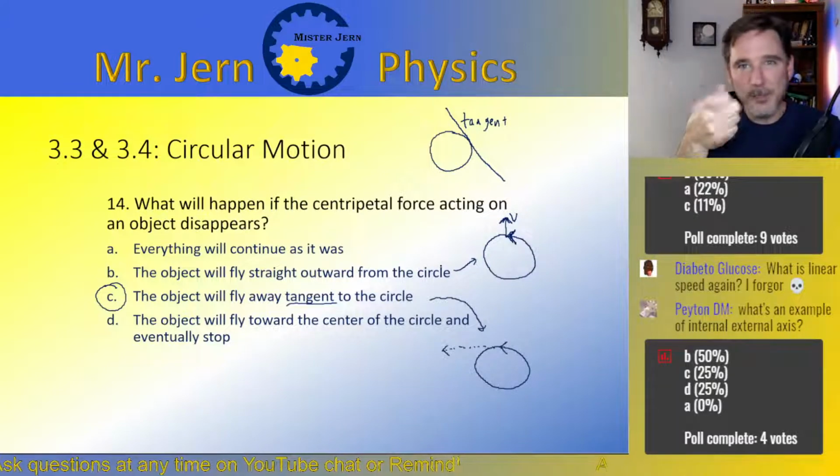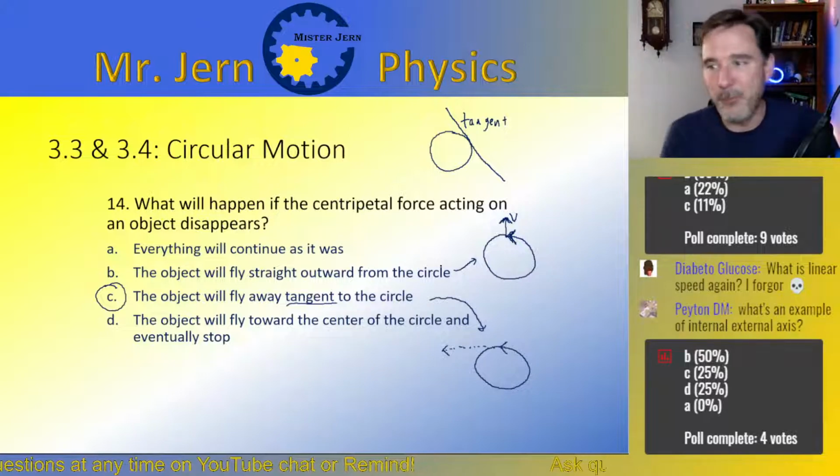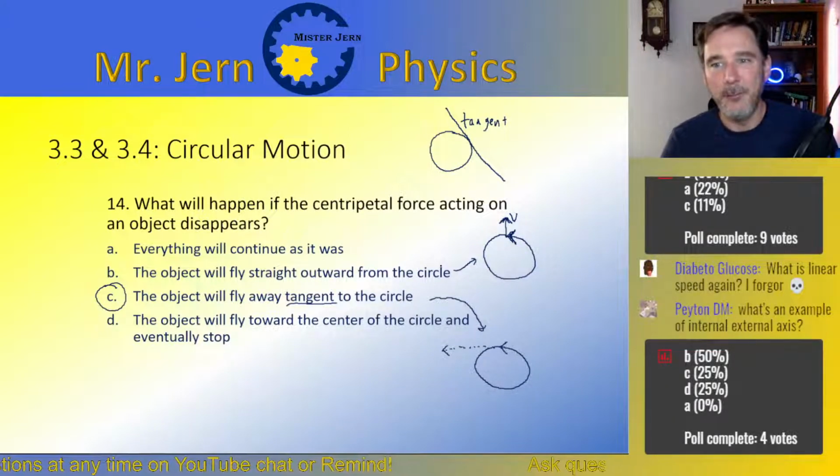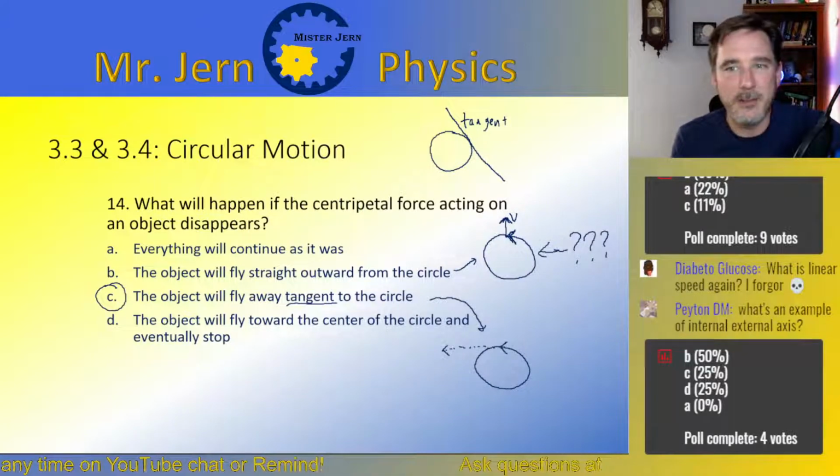When you throw the lasso, it goes out from the side. It doesn't go straight out from you. Which, if you think about it, doesn't really make much sense. If something is traveling around in a circle, let's say I let it go here.